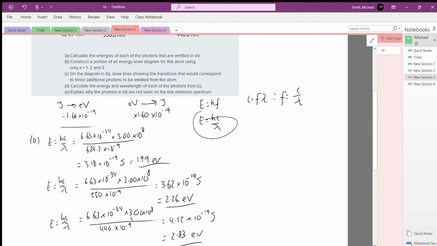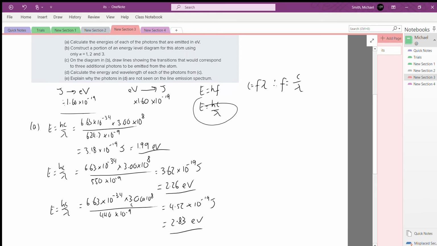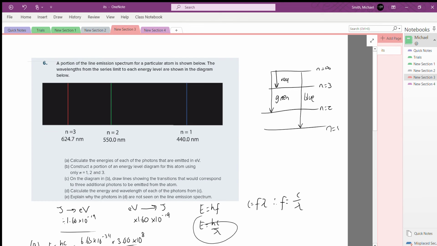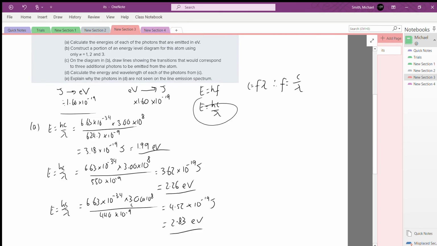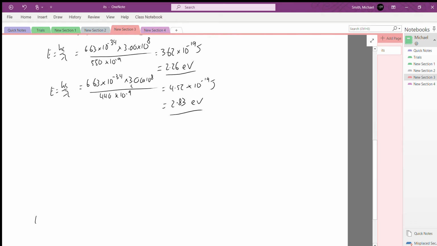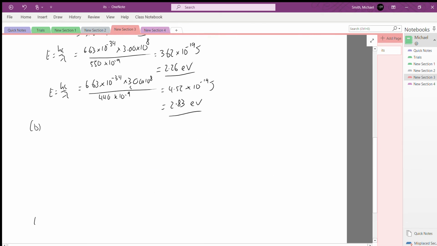What we need to do now is construct our energy level diagram, which will look almost exactly like this, but with our energies on the left-hand side. So here we'll have 4 lines: n equals 1, n equals 2, n equals 3, and the series limit.